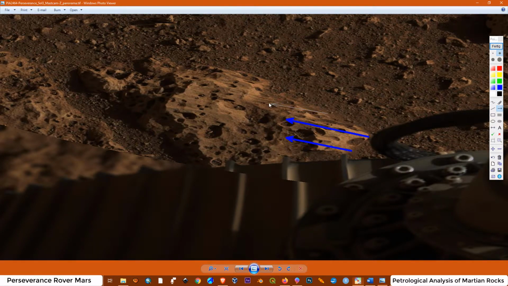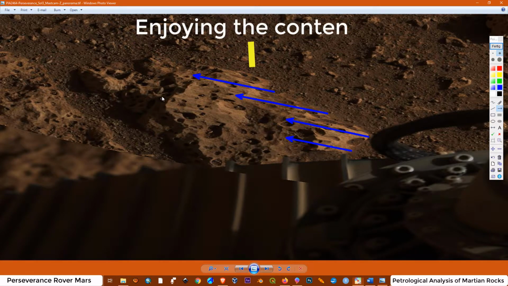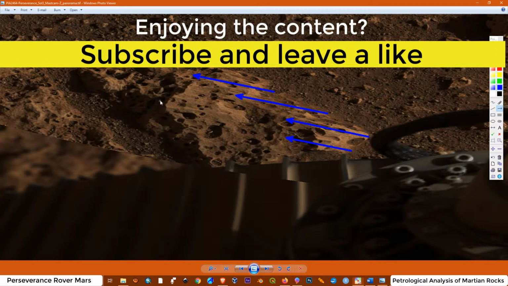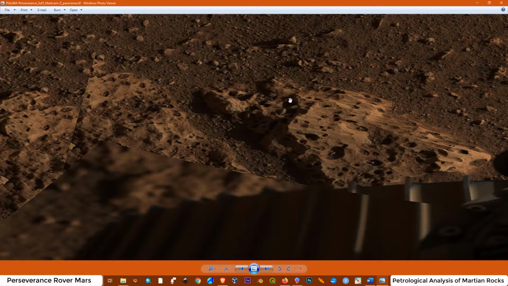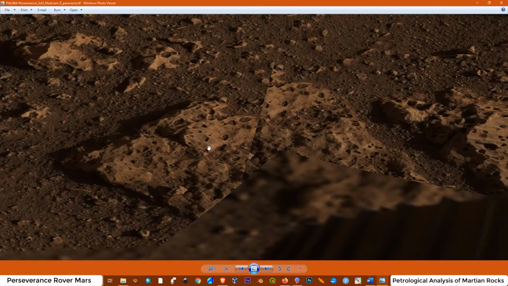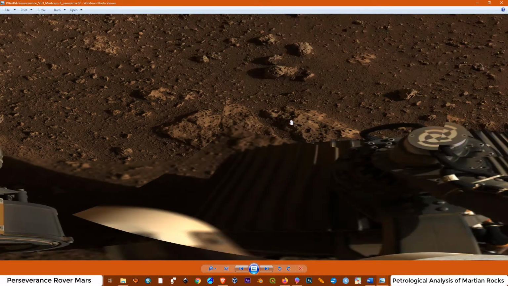What we are seeing are small cylindrical channels that present this orientation, where the diameter of the holes is pretty constant. We can see this type of texture not only in this rock, but also in other rocks around the Perseverance.